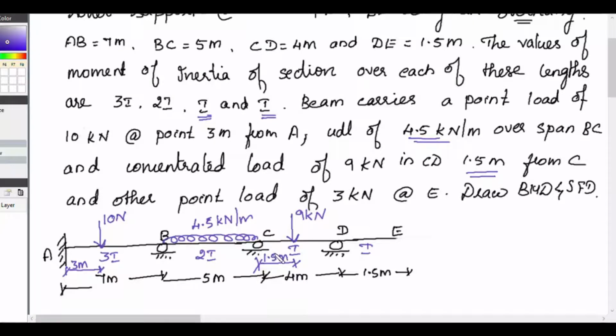And another point load of 3 kilonewton at E. So for this beam you need to draw the bending moment diagram and shear force diagram.